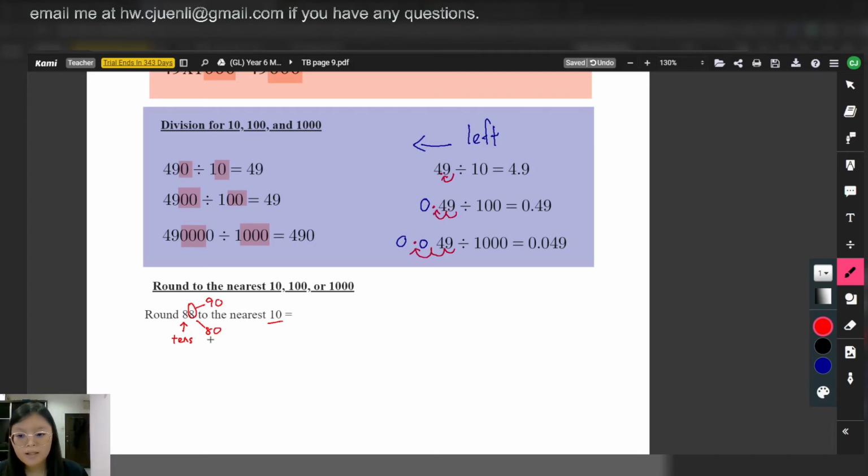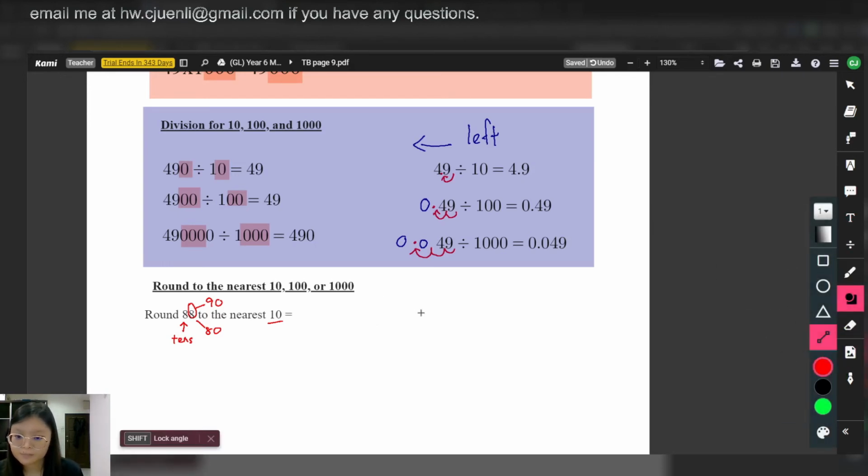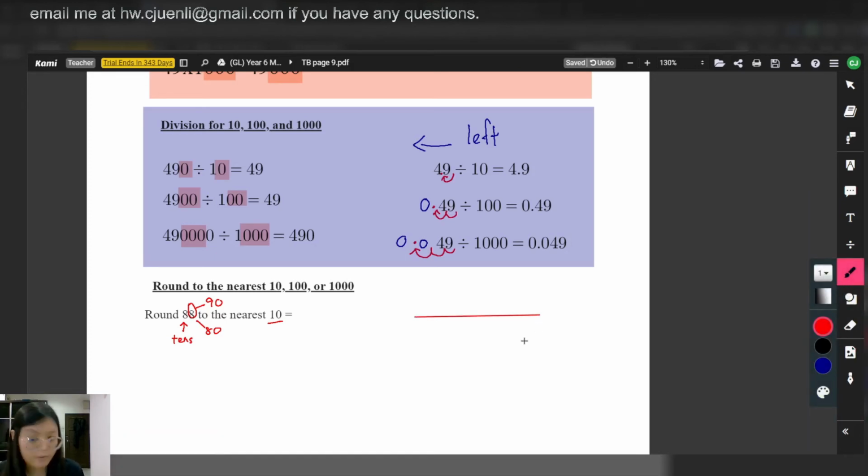Now the problem is, is 88 closer to 90 or 80? You can draw the number line. The number line, I'll just show you once. The rest of the things I won't be showing you again because it's pretty simple. If you want to look at more details, you can watch the previous video on our rounding numbers chapter.